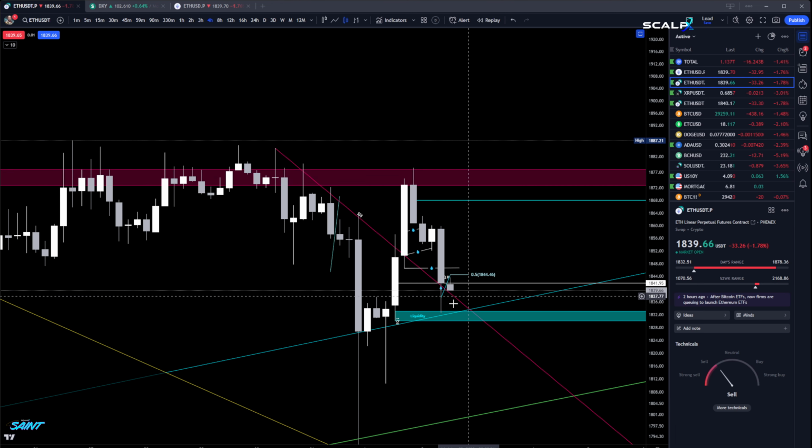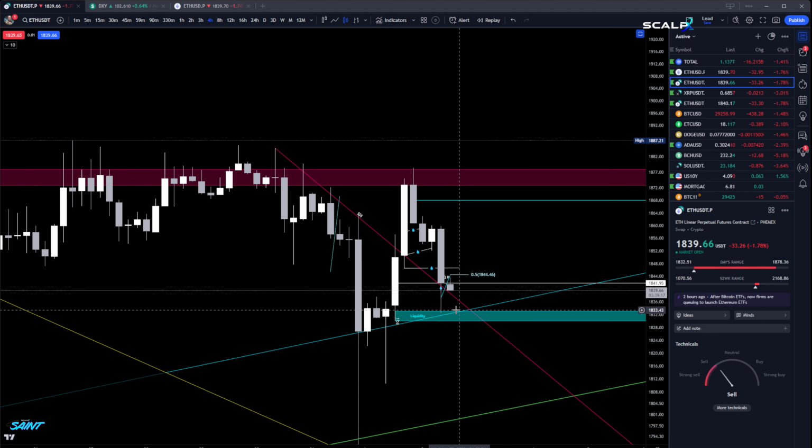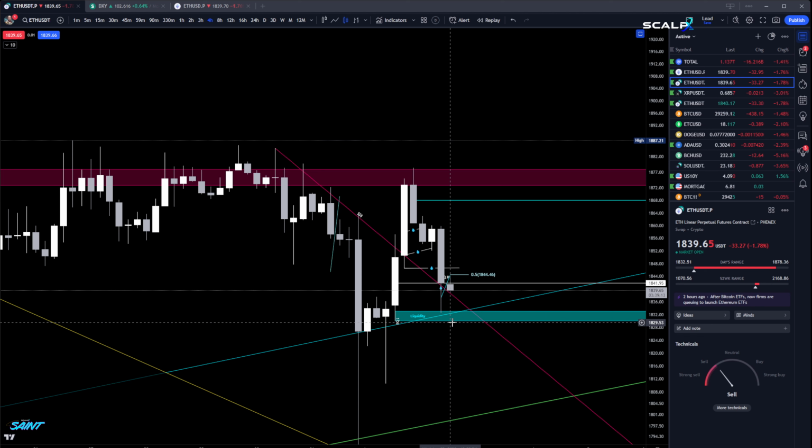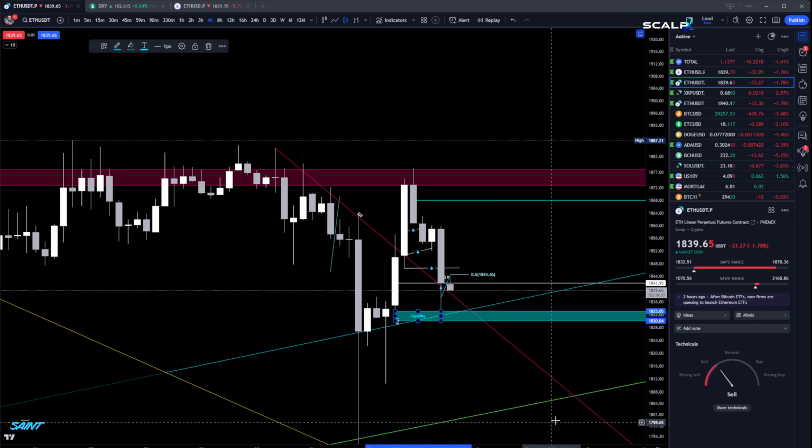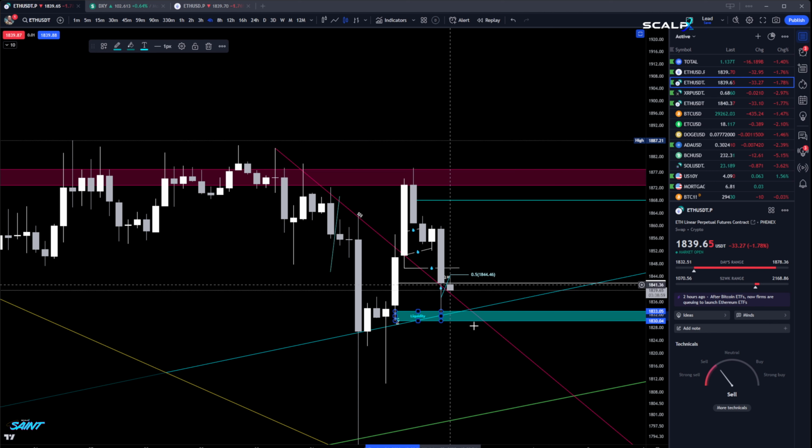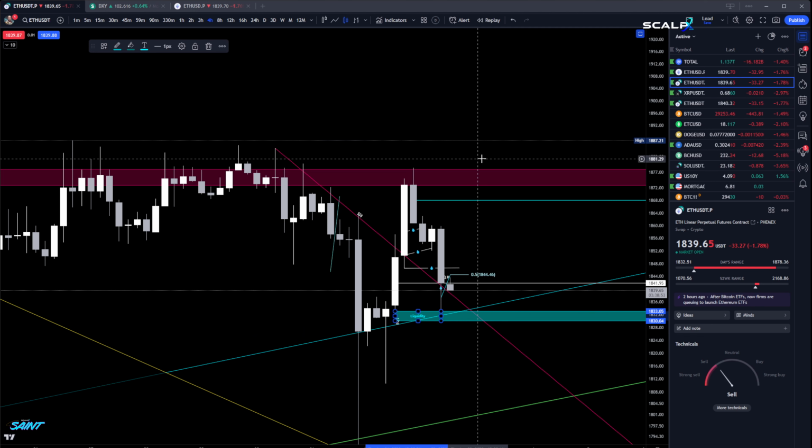I think we tap right in here, giving some room for that wick to come down to here, which is 30.04, 33.05, and 30.04. Maybe we tap this, and then we can make another move back up.